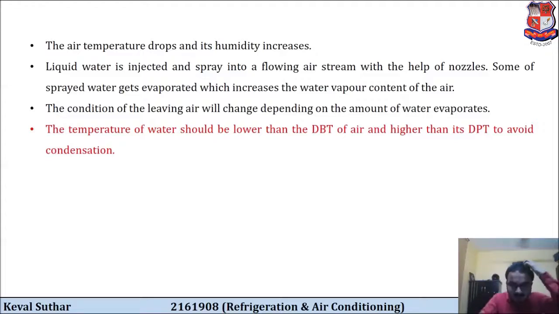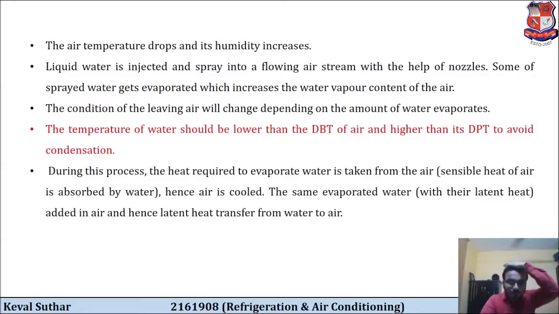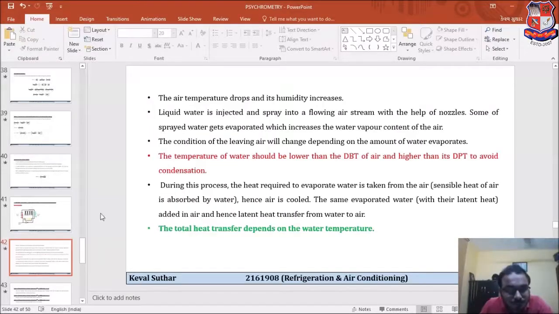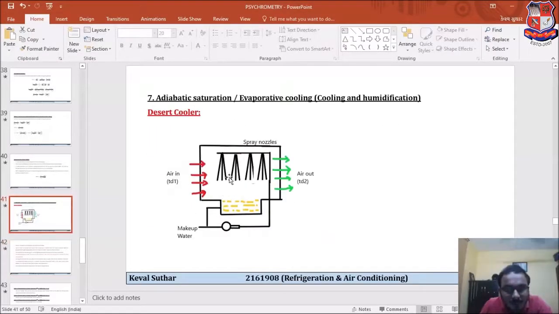So we need to understand this in detail, that the temperature of water should be lower than the dry bulb temperature of air. Because why? Because here our objective is cooling of air.